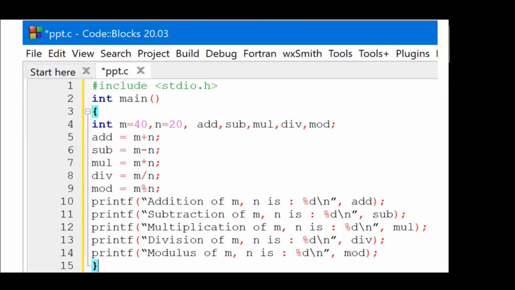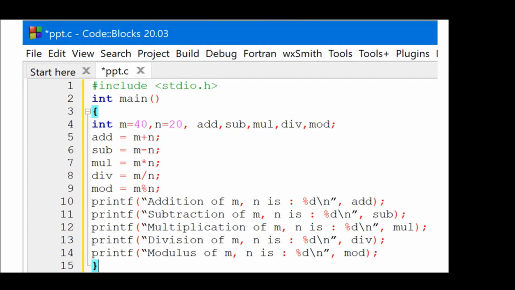Now, from line 5 to line 9, you would see that all these instructions which will perform the arithmetic operations have been outlined. So line 5 will do addition, line 6 will do subtraction, line 7 will do multiplication, line 8 will do division, and then line 9 will do modulus.